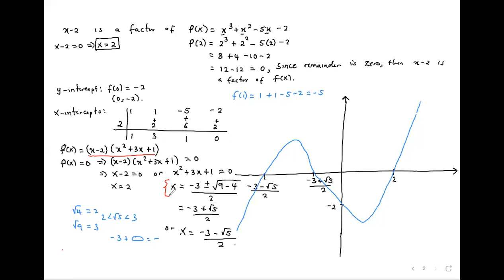Since we know that root 4 is 2, and that root 9 is 3, it's obvious that root 5 cannot be bigger than 3. So if I have negative 3 plus root 5, this will be a negative number, because the root 5 is smaller than 3, and 3 is negative. And dividing by a positive number does not change the sign.